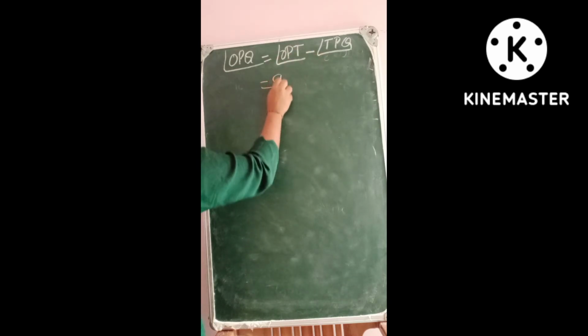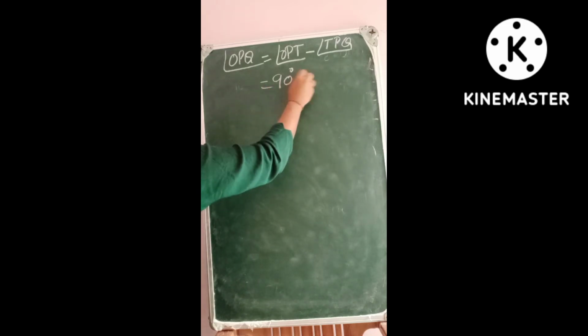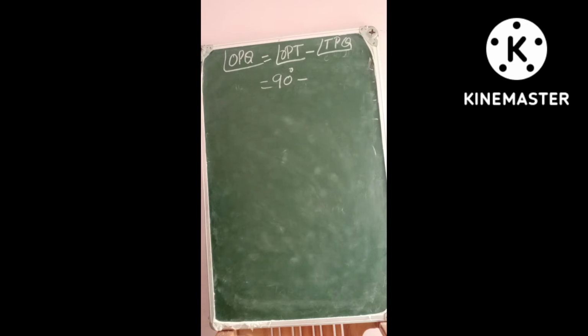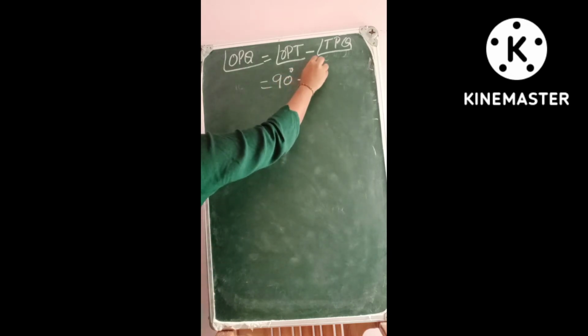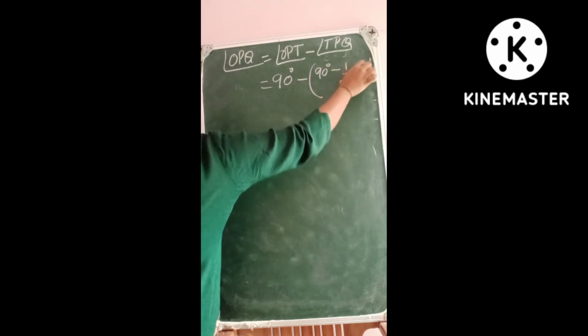This is equal to 90 degrees, from the diagram the value of OPT is 90 degrees, right? Minus, already we know the value of angle TPQ, that is 90 degrees minus half of theta.